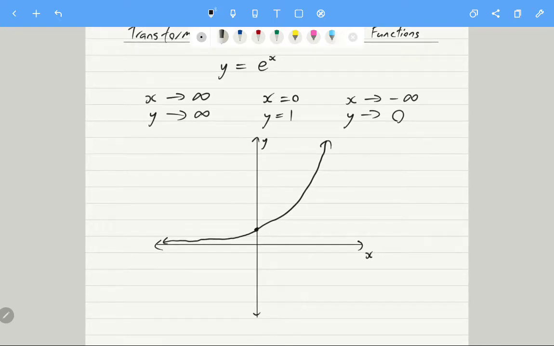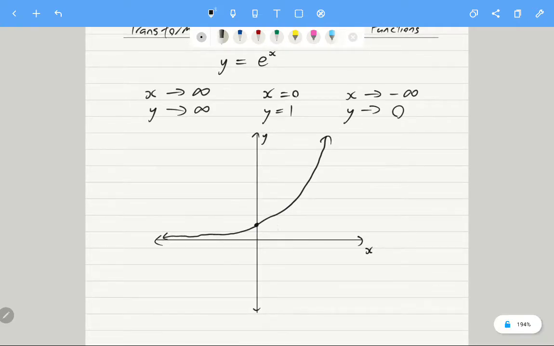So this is e to the x. The main interesting part about e to the x then is that at x equals 1, this would be e to the 1, which is just e. So it's growing by a rate of e every 1 along the x, in the sense of multiplication. So then you'd get e squared, e to the 3, so on and so forth.